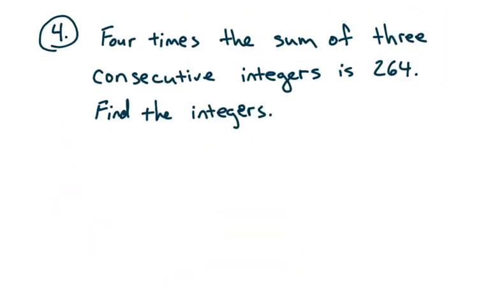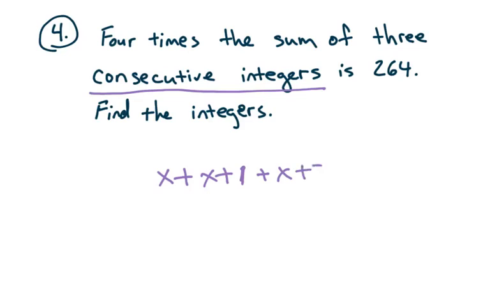4 times the sum of 3 consecutive integers is 264. Find the integers. So, pause the video, give it a shot, and then we'll talk about it. So, I'm assuming that you've done that. Let's see what happens. So, 4 times the sum of 3 consecutive integers. Note here it says consecutive integers. So, this would be x, x plus 1, x plus 2.